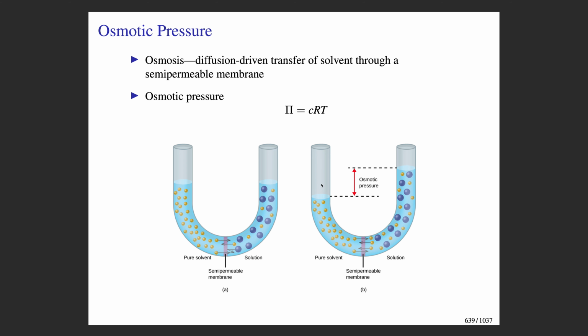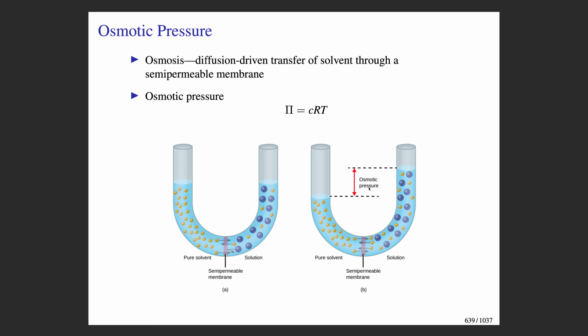So eventually, the action of the solvent to move from the left side of the apparatus to the right side is counterbalanced by the osmotic pressure, the hydrostatic pressure associated with this excess of height of the liquid column on the right-hand side of the system.